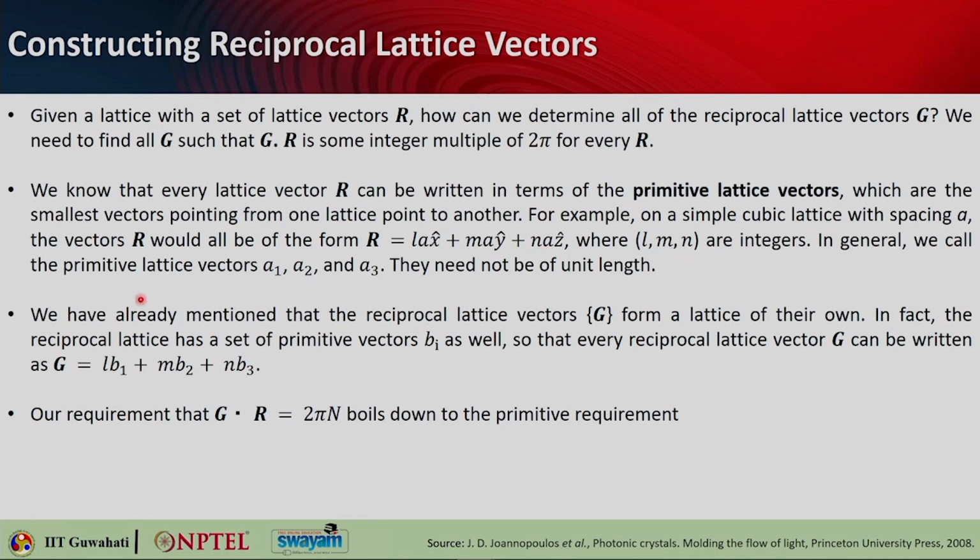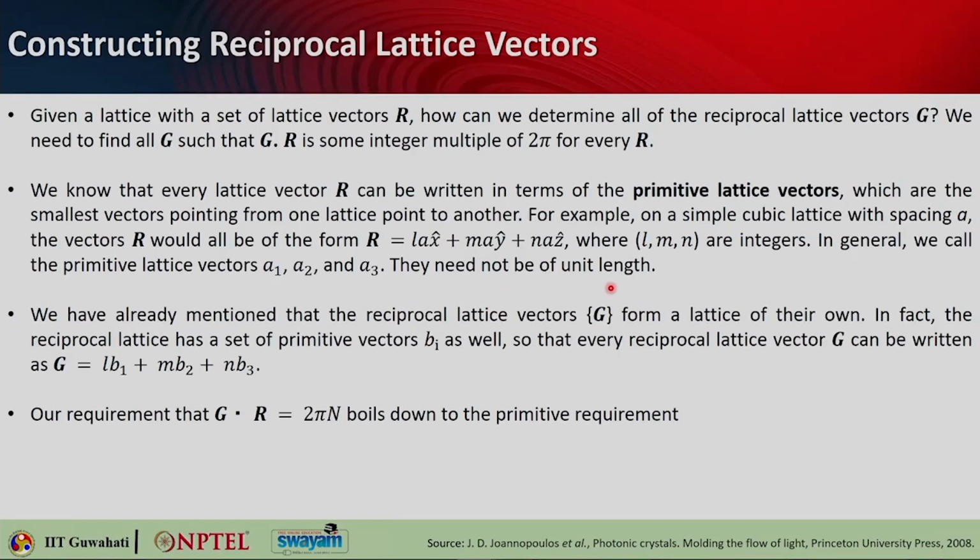Now, in general we call the primitive lattice vectors A1, A2 and A3, and they need not be of unit length. Only in certain cases will they be equal to each other, or two may be equal and one different, and so on. We have already mentioned that the reciprocal lattice vectors, which are denoted by G, form a lattice of their own. So there is a real lattice and there is a reciprocal lattice.